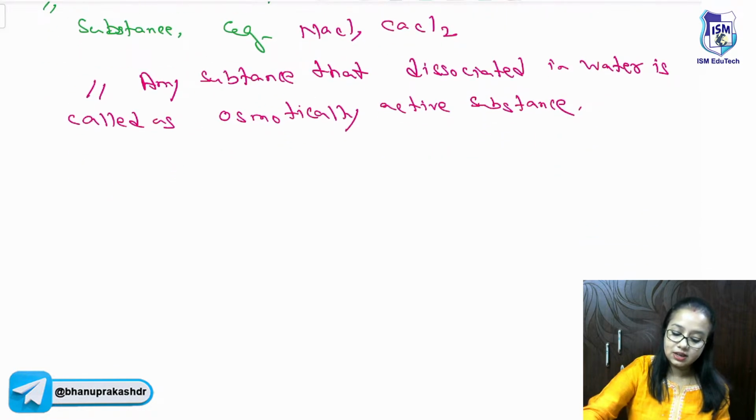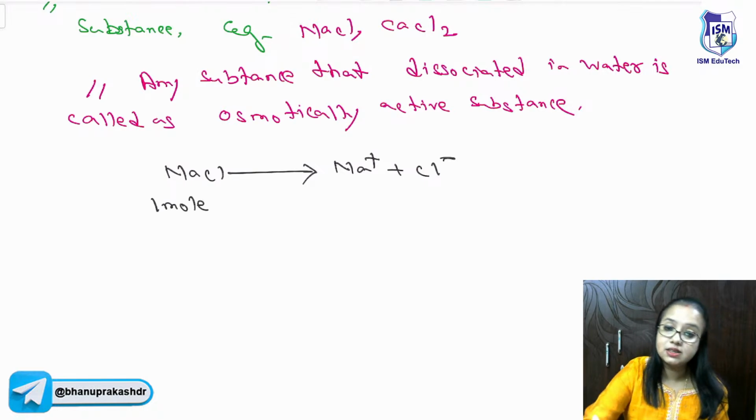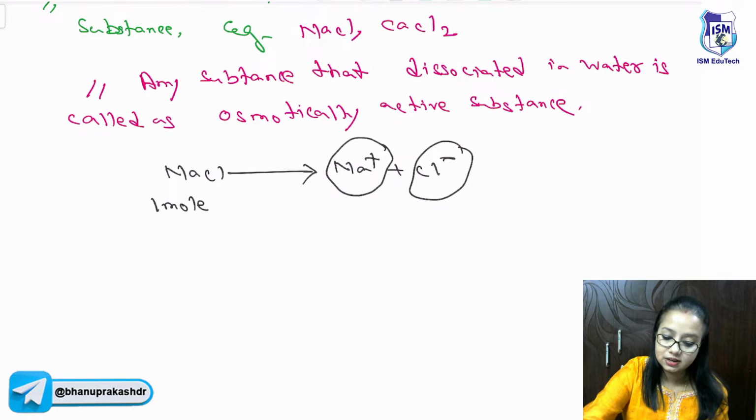Like for example, NaCl in water will dissociate into Na plus and Cl minus. And this Na plus and Cl minus are both osmotically active.